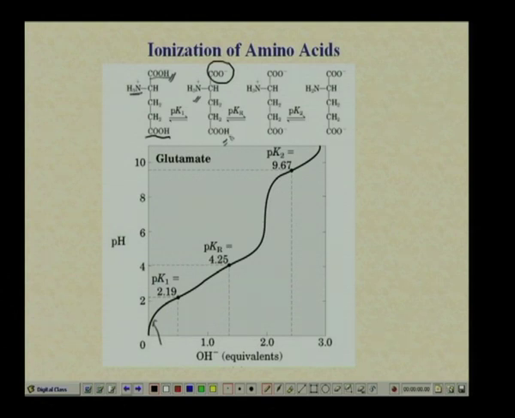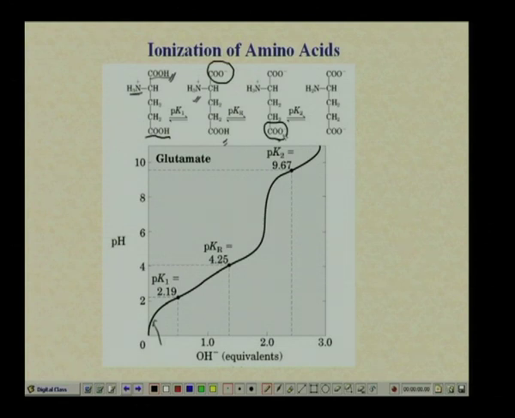One belonging to the COOH of the side chain and one the NH3 plus proton, right. So, as I go on further with my OH minus addition, my titration, the next easiest one to be removed is the side chain one, right.